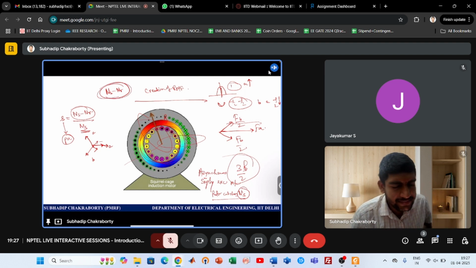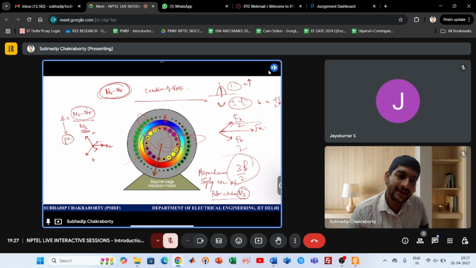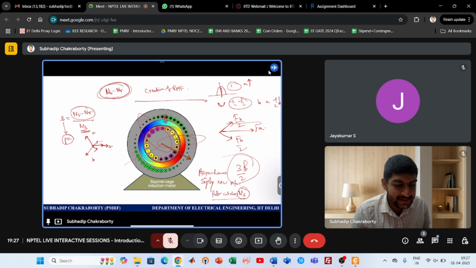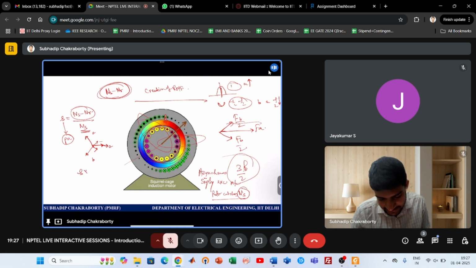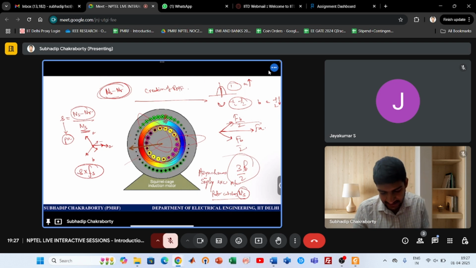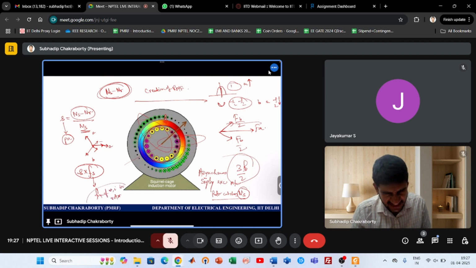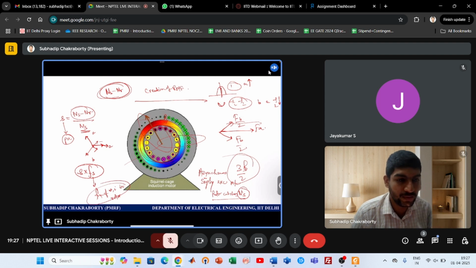So the rotor sees a magnet cutting it with ns minus nr speed. Accordingly, the frequency of the voltages induced in the rotor will be slip times the frequency of the stator. We call it slip frequency, the frequency of voltage and current in the rotor. So the rotor observes a slip frequency.